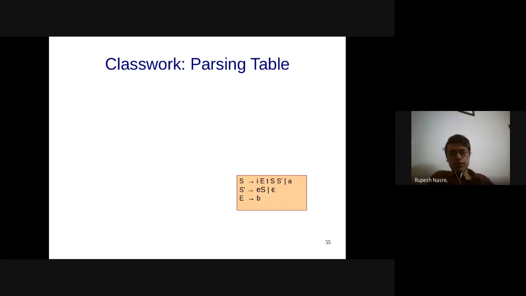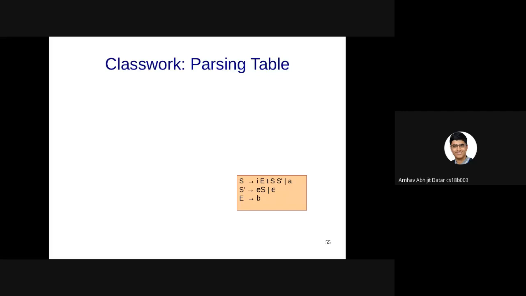Sarthak, Anishwar, Akshay, one of you could explain why you will have only dollar in the follow of S prime. Anybody from the E dollar party want to explain why E dollar?